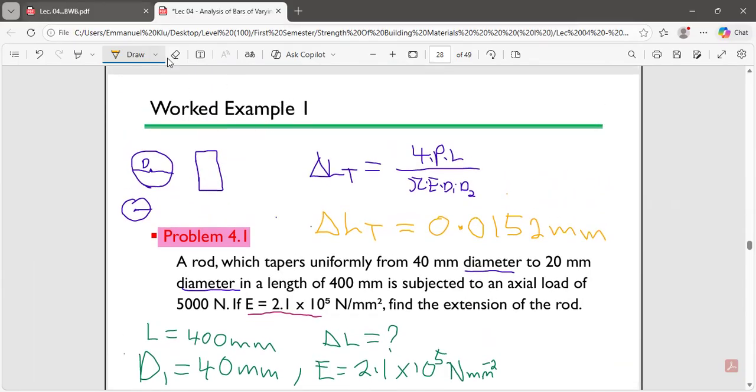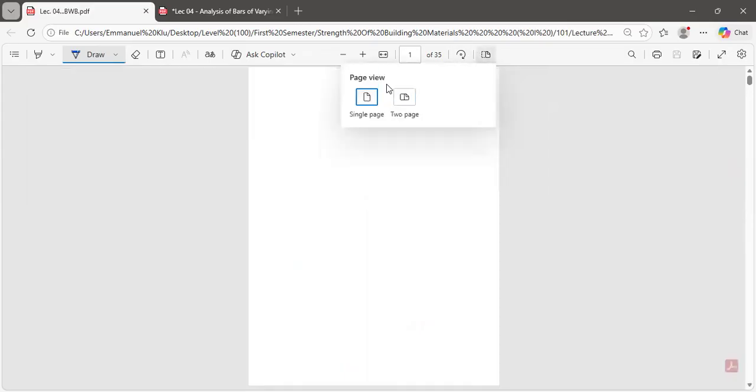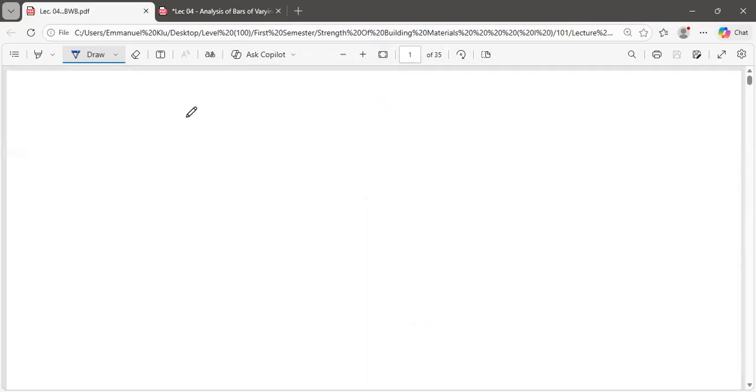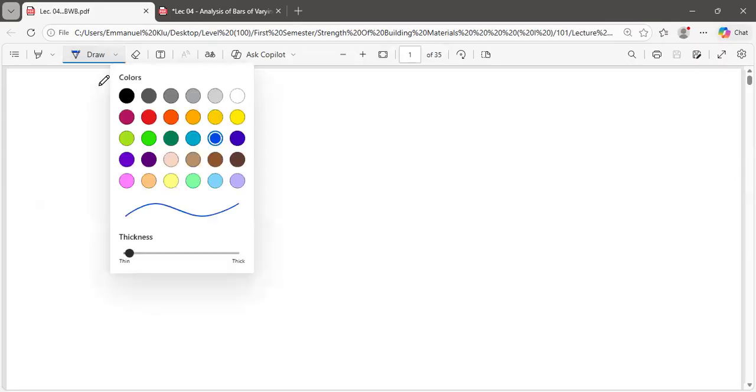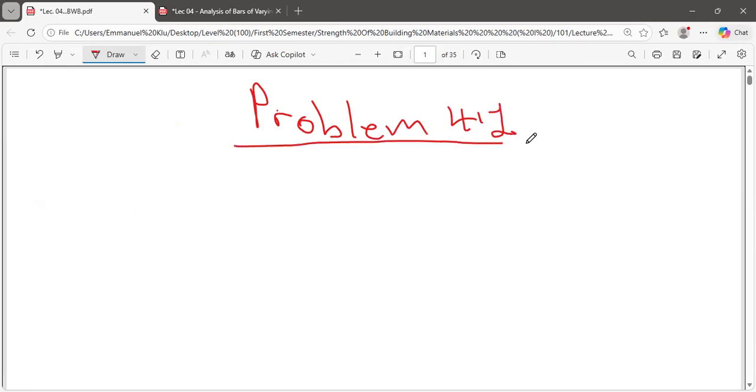Okay, let me show you something. Someone just texted me a message and I want to address something. Okay, we are solving problem 4.1. That is, we are in lecture 1 and we are solving example 1.